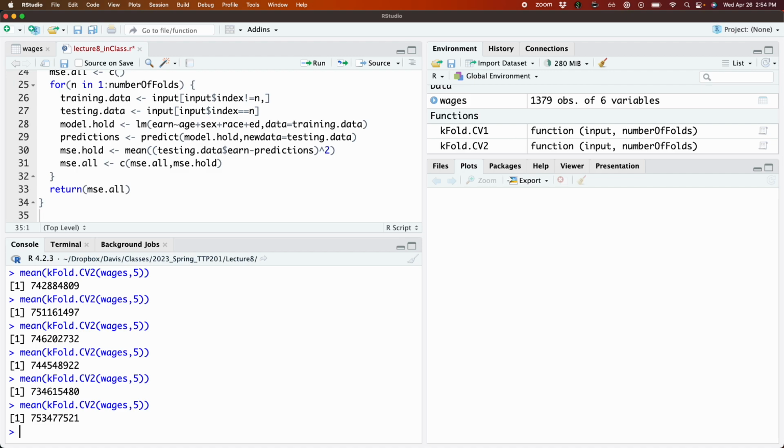So one of the nice things that you'll see about this is that this procedure to do k-fold validation isn't unique to a linear model, or unique to the way a particular data set is structured or set up.